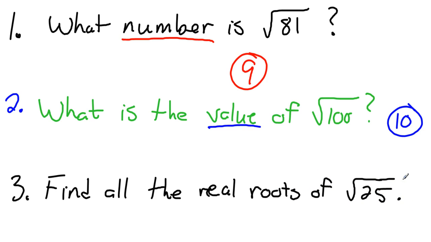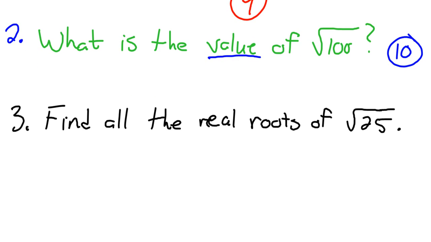So find all the real roots of the square root of 25. And for that one, again, they do tell you that it's all the roots. They'll tell you to separate the answers with a plus or minus. So for this one, when they do the square root of 25, this is where they want the plus or minus. So just plus or minus 5. And again, test-wise, you can do 5 and negative 5.